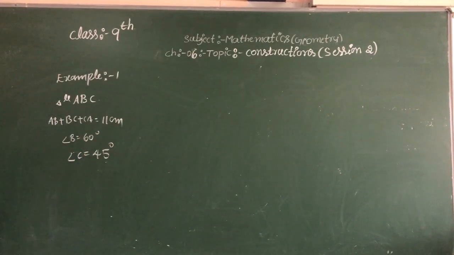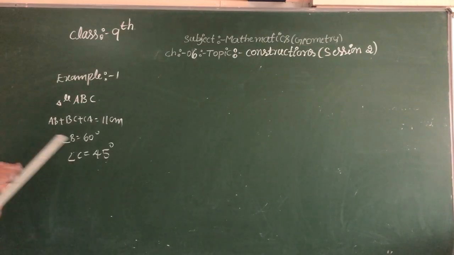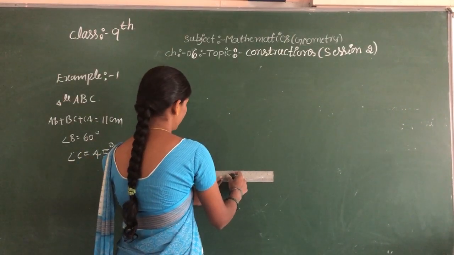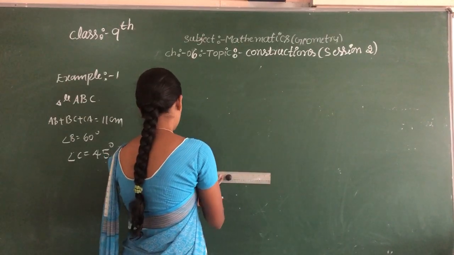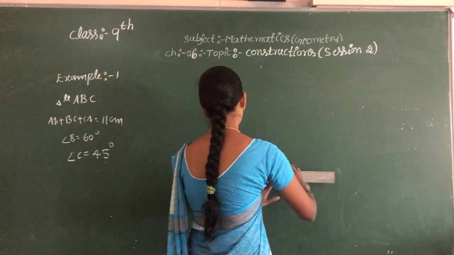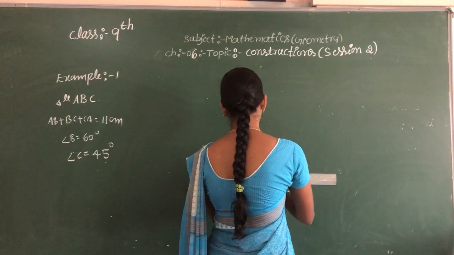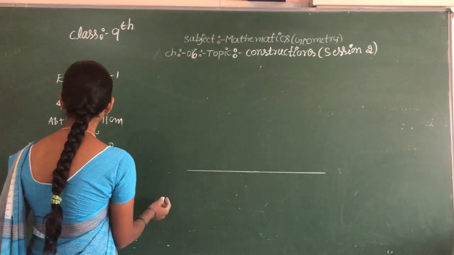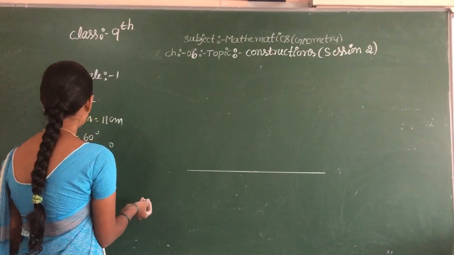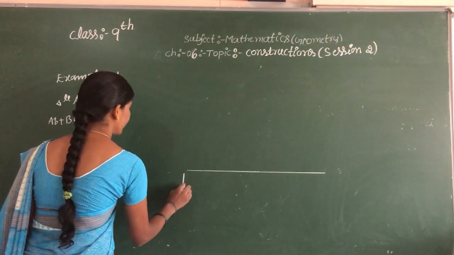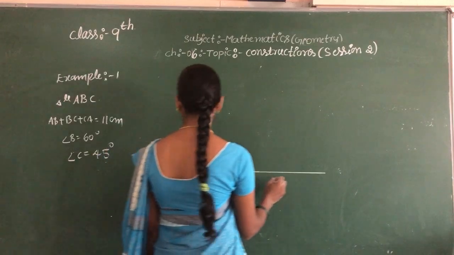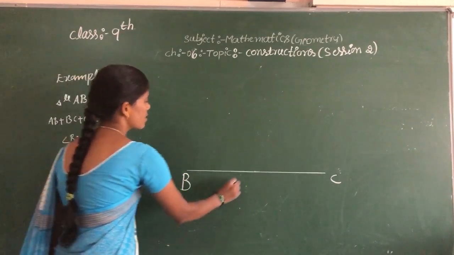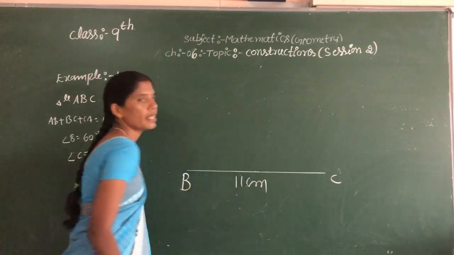Okay children, so we do that. Take that 11 centimeter. We should give that the name BC. Okay. So now next, this is 11 centimeter.